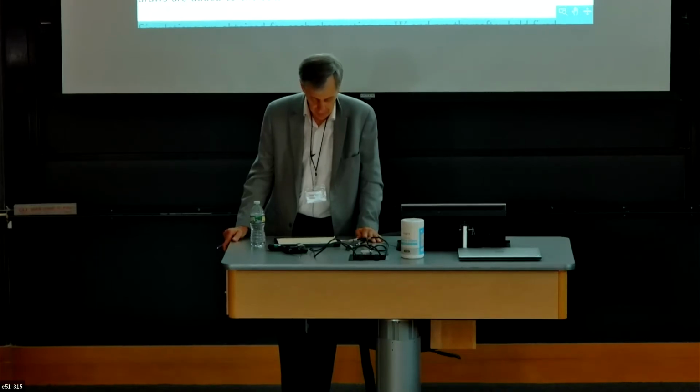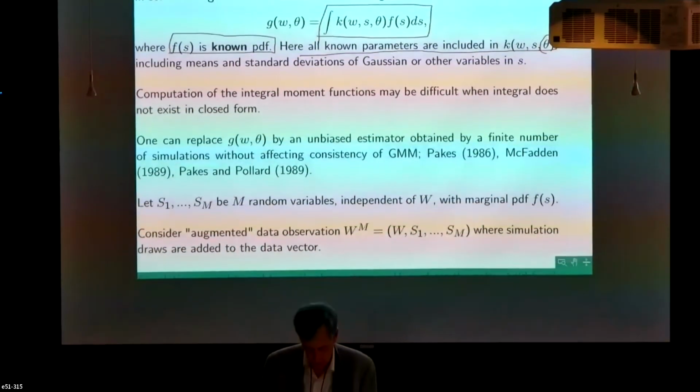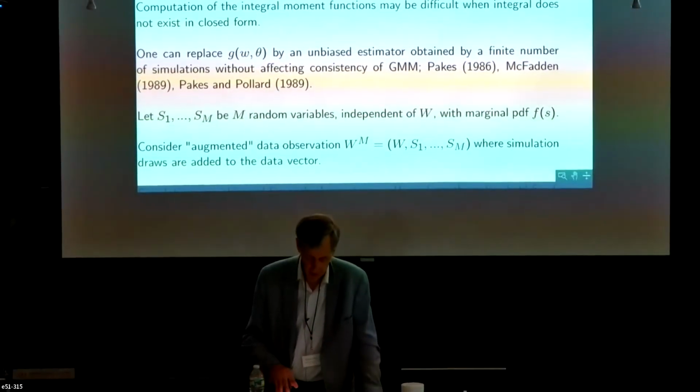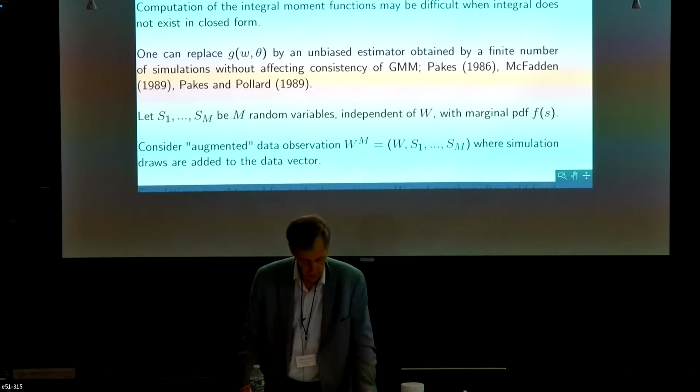Okay. And one can replace the true moments by an unbiased estimator obtained by a finite number of simulations without affecting consistency of GMM. As I mentioned, Ariel in the patents paper did this and applied it before the theory was really understood completely, and then McFadden developed this for discrete choice models, multinomial choice in particular. And he and Hicks and Pollard worked out nice theory having to do with this. And you'll see why the theory is useful in just a minute.